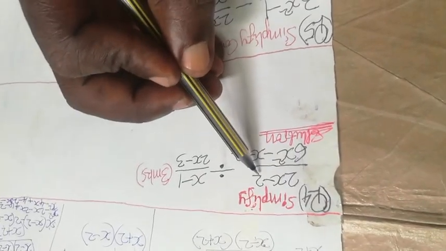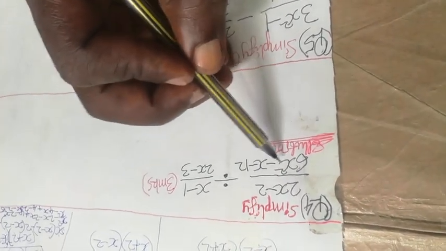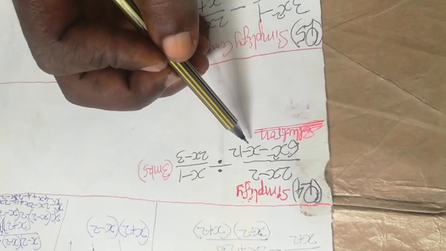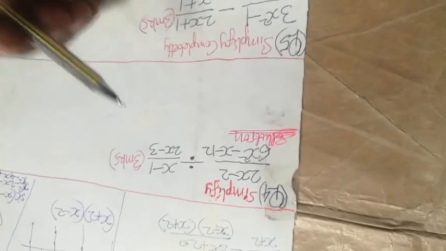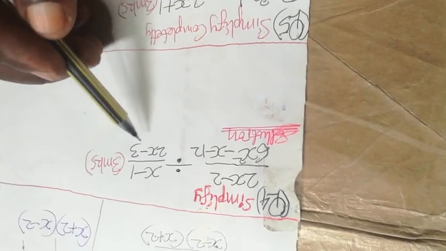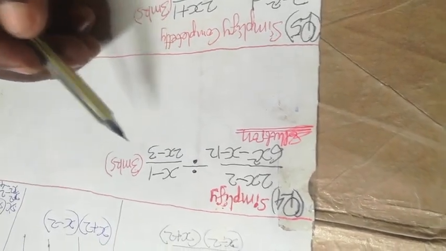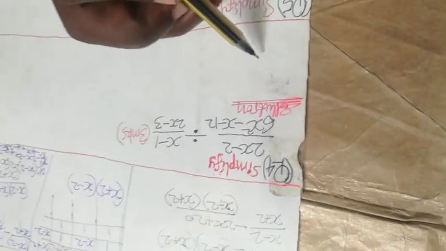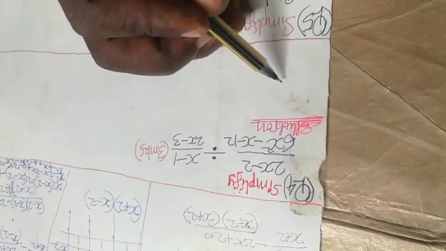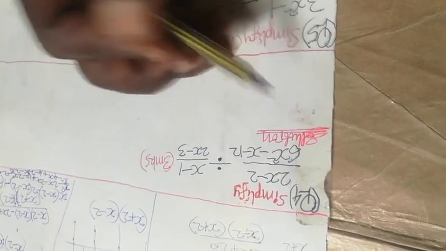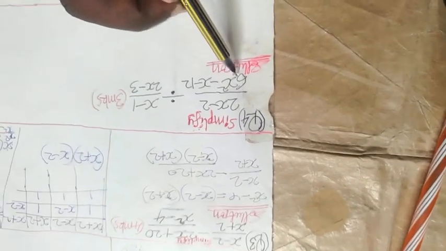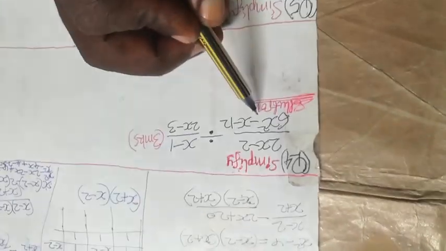Question number 4: 2x minus 2 all over 6x squared minus x minus 12, divided by x minus 1 all over 2x minus 3. We say solution. First, factorize the algebraic expression. We are going to factorize this part first.